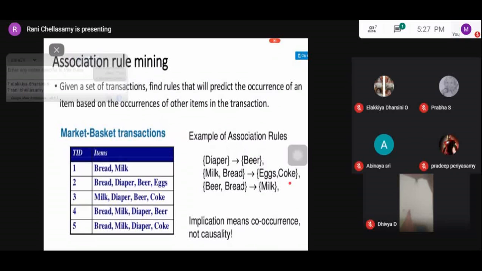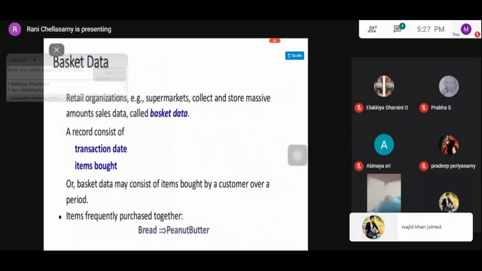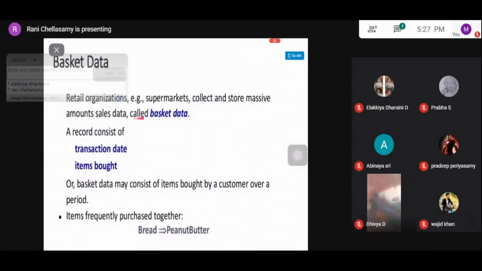So what is basket data? In market basket analysis, as we saw in the prior slide, each basket contains a list of products or items. Retail organizations or supermarkets collect this data, called basket data. A record consists of the transaction date and the items bought, meaning a particular row in the transaction table.